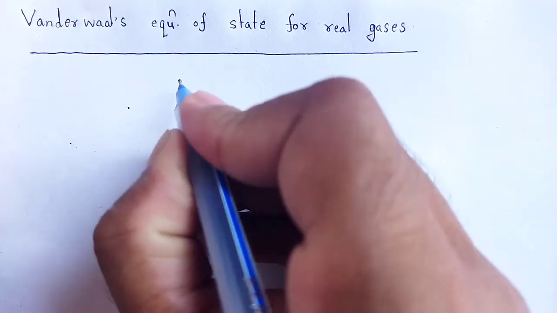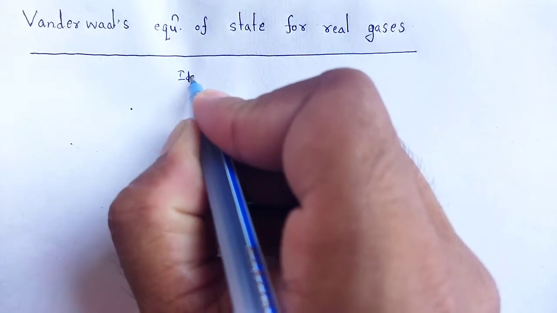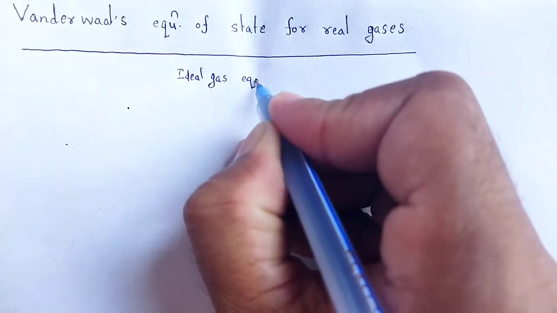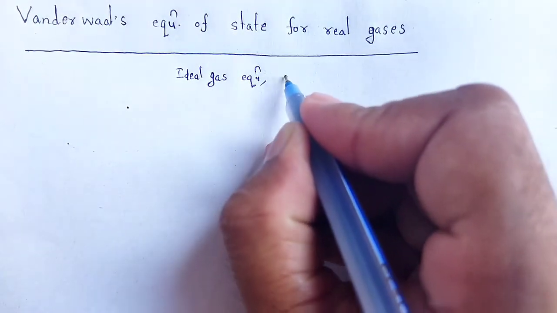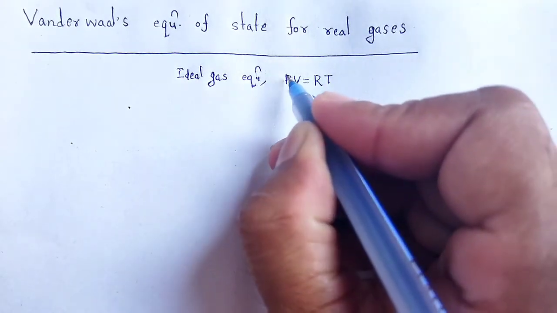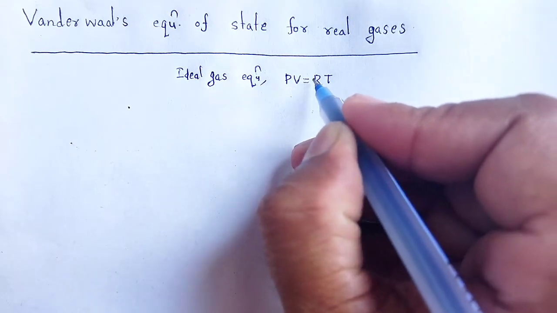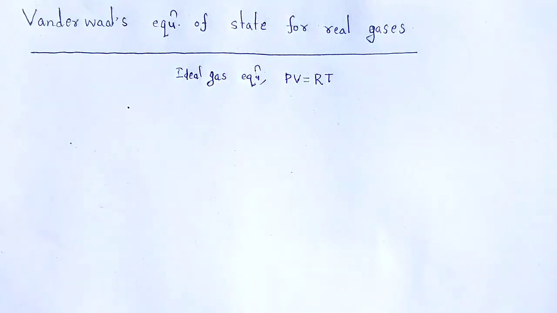For the ideal gas equation, if we take 1 mole of an ideal gas, PV is equal to RT. P is the pressure, V the volume, R the universal gas constant, T the absolute temperature.